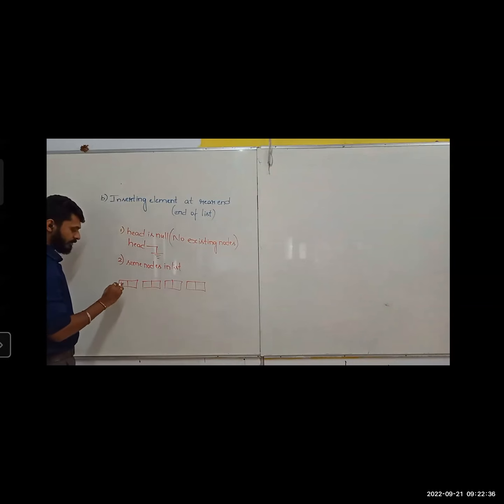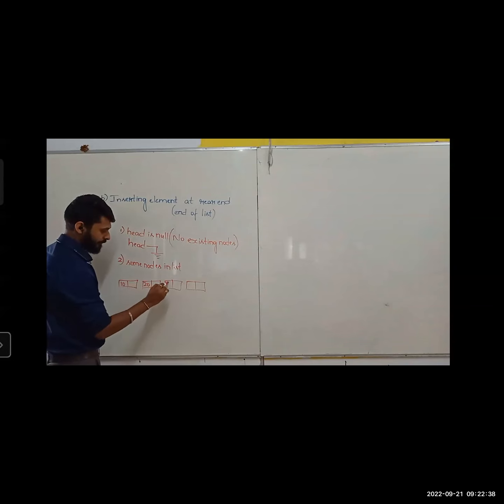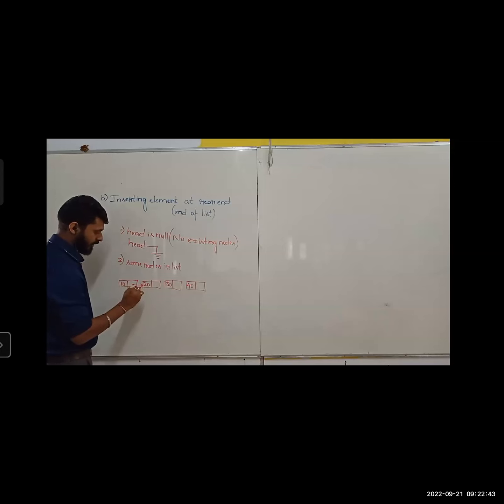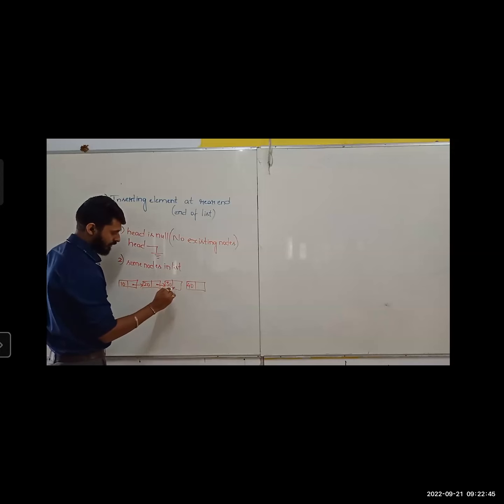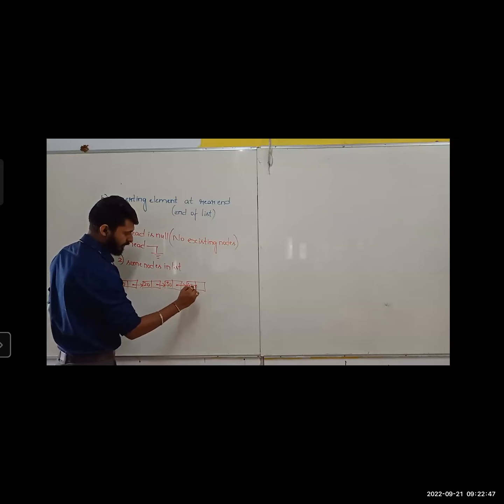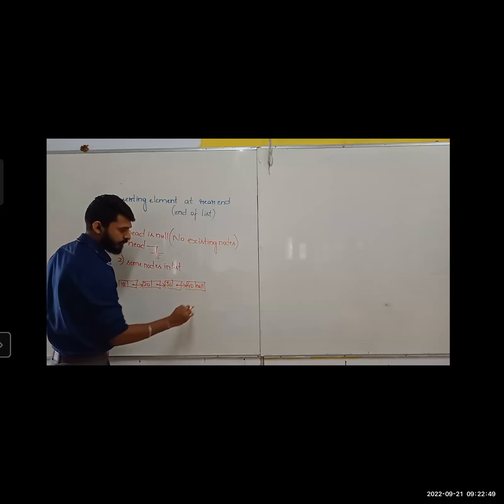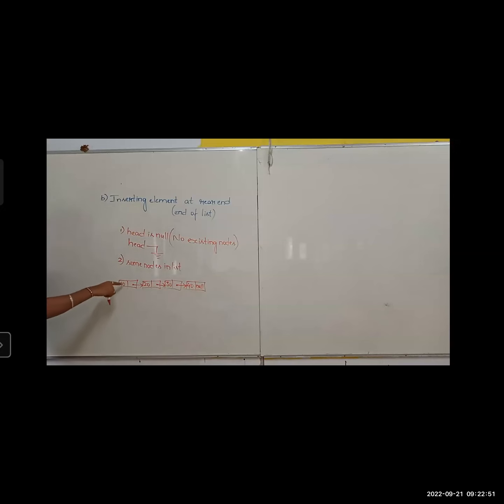Like this: 10, 20, 30, 40. And this will be pointing here. This will be pointing here. Here it will be null. And if I want to say this as a first node, what should I do? I want my head to point to it. Yes or no? Yes, sir.